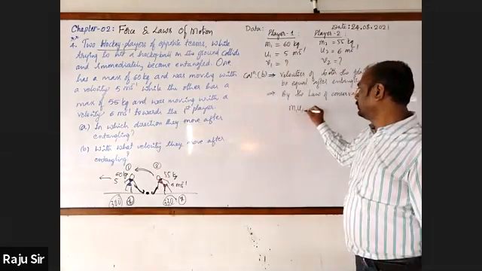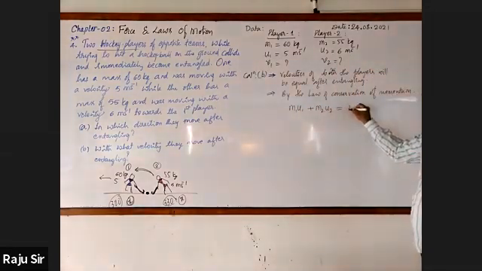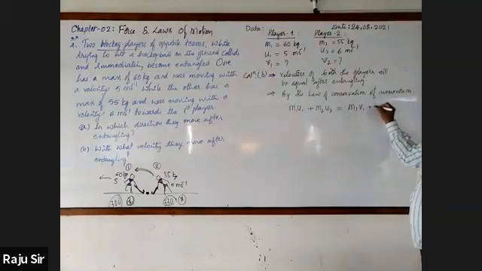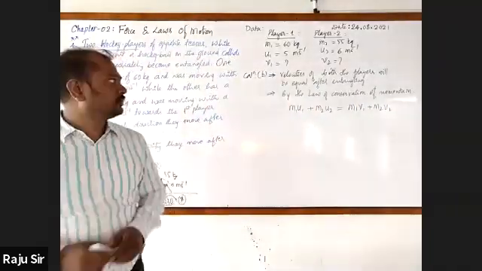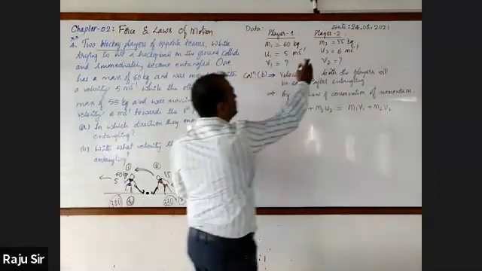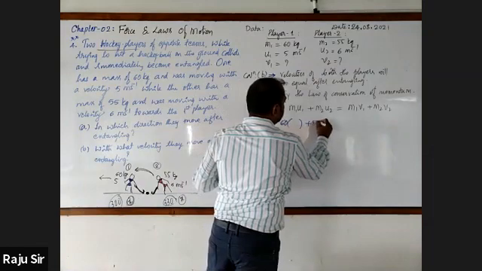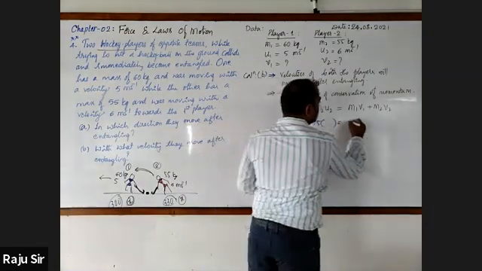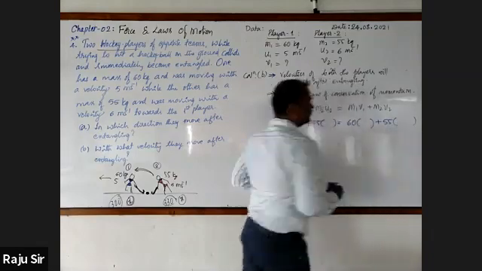M1 U1 plus M2 U2 equal to M1 V1 plus M2 V2. Substitute. First, I'll substitute M1 and M2: 60 and 55. 60 into plus 55 into, equal to 60 into plus 55 into.